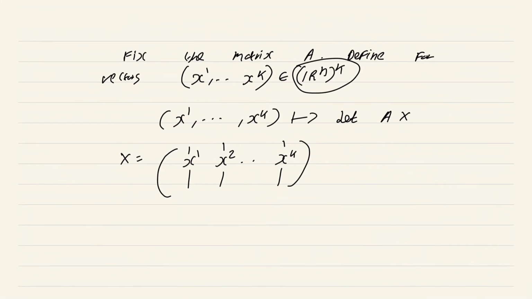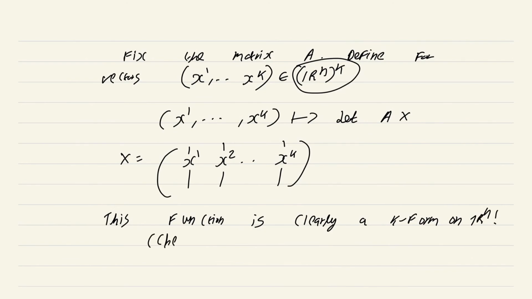Now here is the extremely clever observation. This function is clearly a k form on Rn. I'm going to leave it to you to check. Again, it follows from the basic properties of the determinant function. So call this form omega.